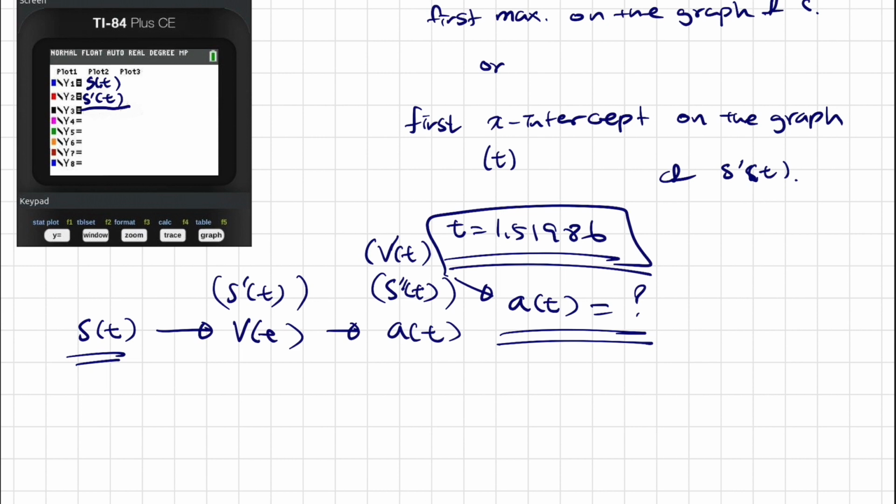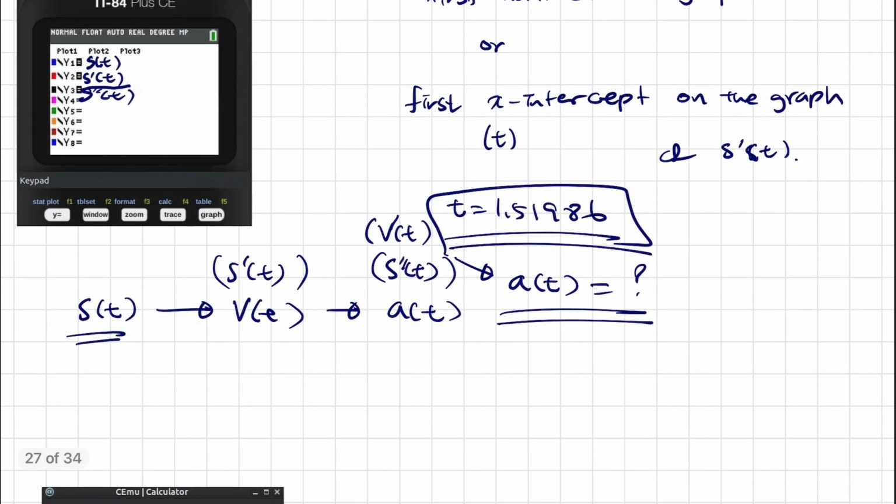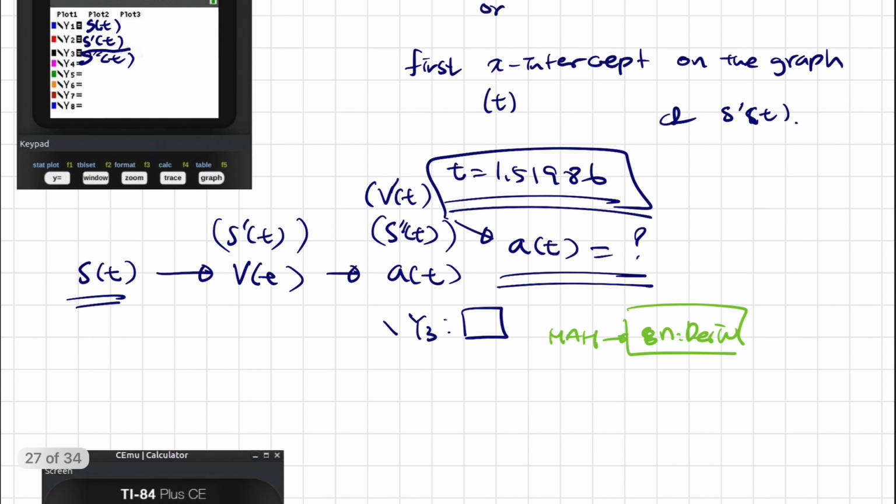We can calculate the second derivative of the displacement on your Y3 using exactly the same method that we just used. Place the cursor on Y3, and use Math, 8, Derive to get the template: d over d square, bracket, square, bar, square equals square.